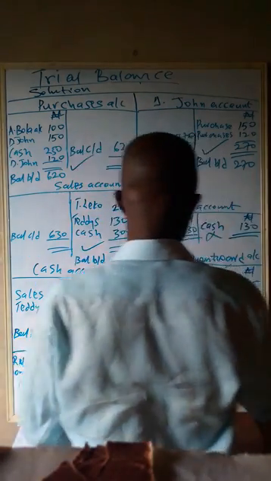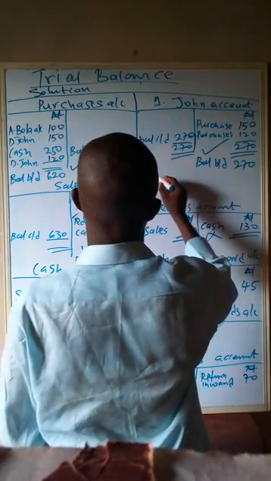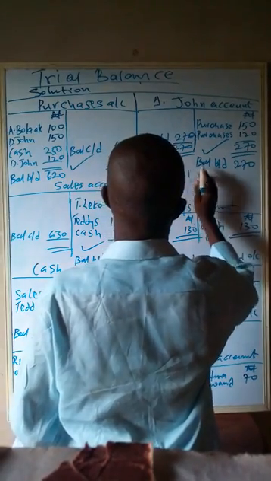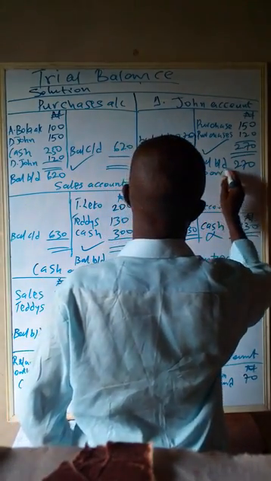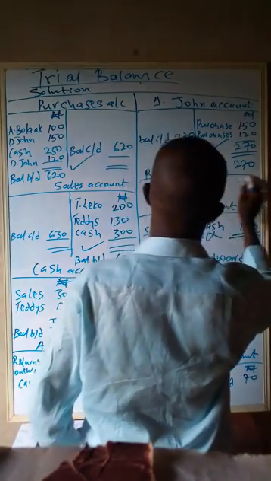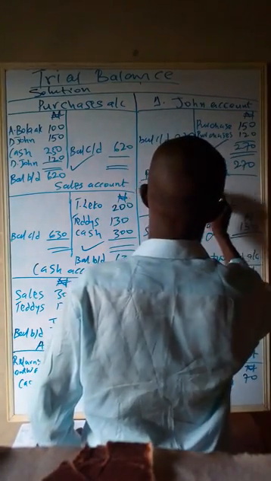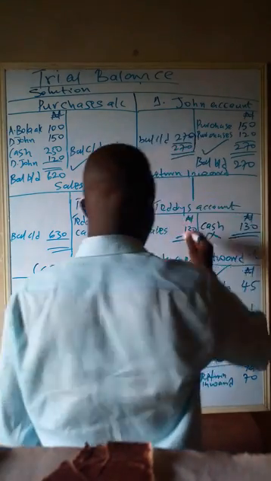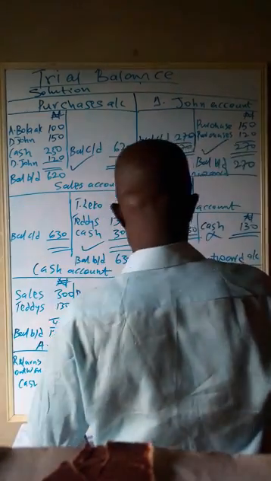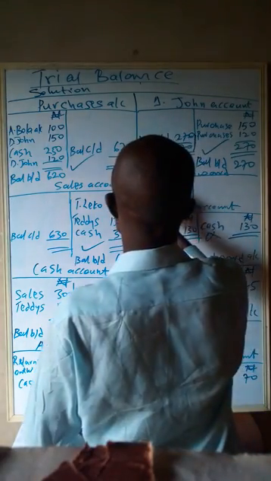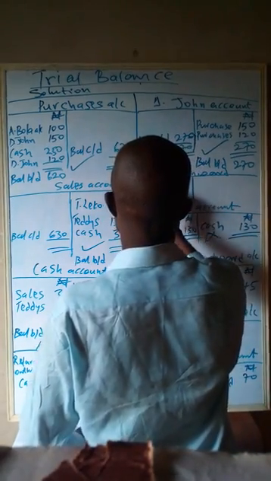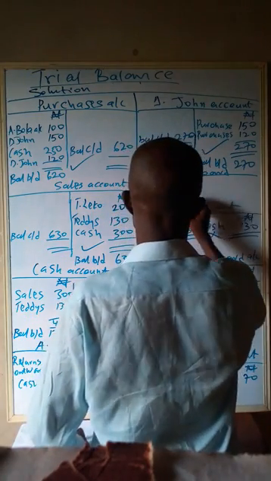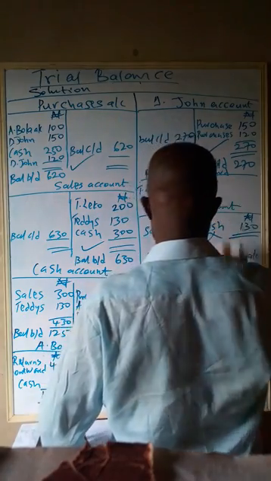Now let me bring these returns inwards. Returns inwards account. And that is T liquors. And that's the 70 naira. So it's going there.